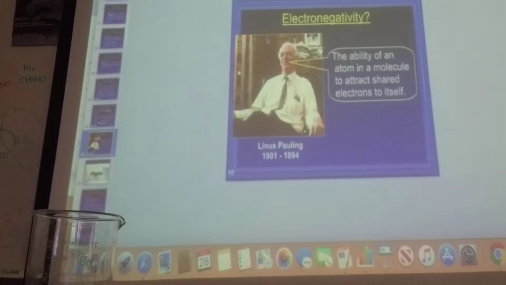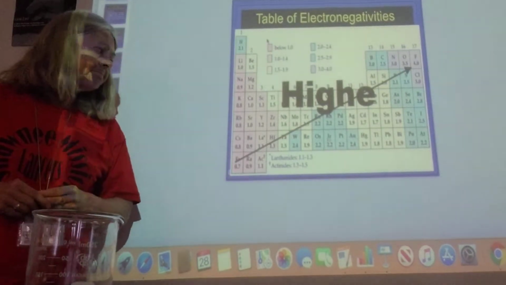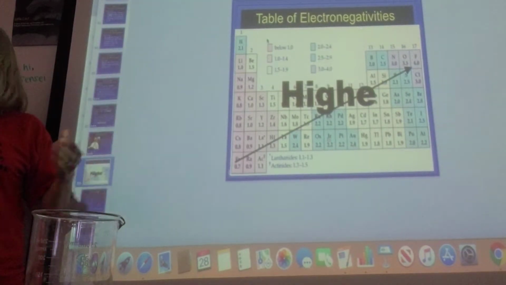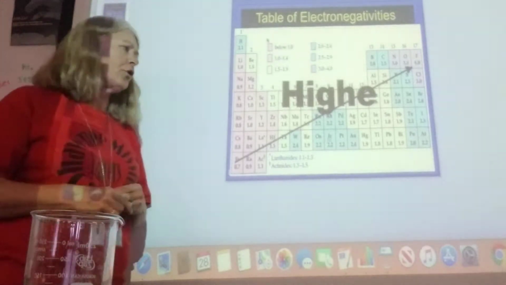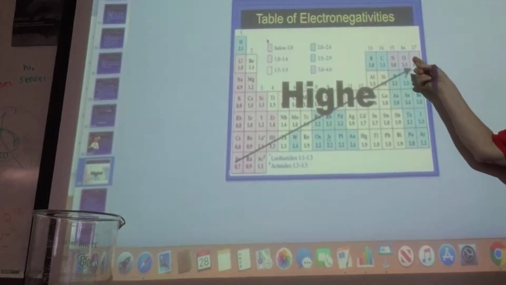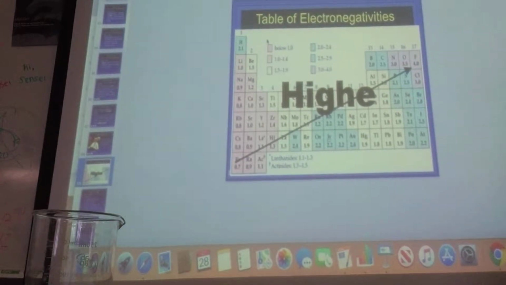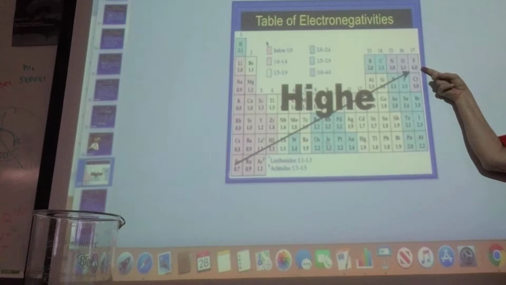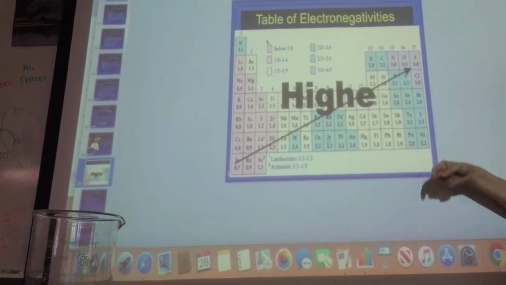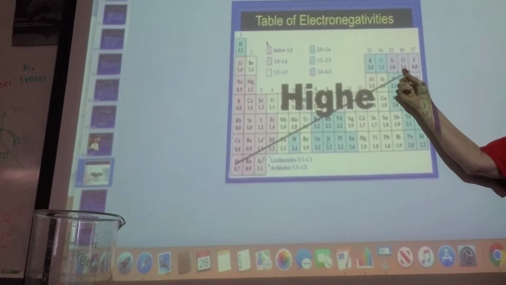Thank you, Dr. Cotton. Okay, here's a list of electronegativities. You don't have to memorize this, and I'll have one of these for you either today or block day. I haven't decided. But these elements right here are going to be first and foremost in our minds today. Fluorine is by far the most electronegative element at 4.0. Second, by far, is oxygen with 3.5.